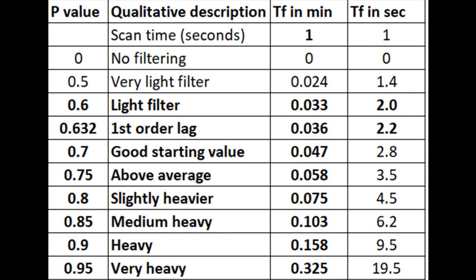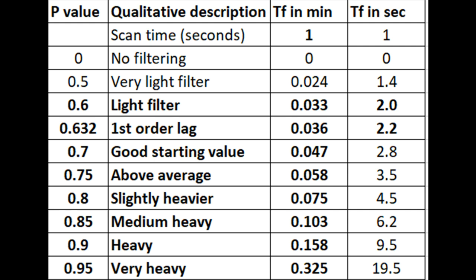If the tag is not very noisy, you might start with a filter value of around 0.7 for P. Now this is a kind of good starting value because the first order lag, if you calculate it, would give you a number of 0.632. As control engineers, we like to round that up to 0.7, and that's where the 0.7 comes from. So that's your best starting value if you're not sure.